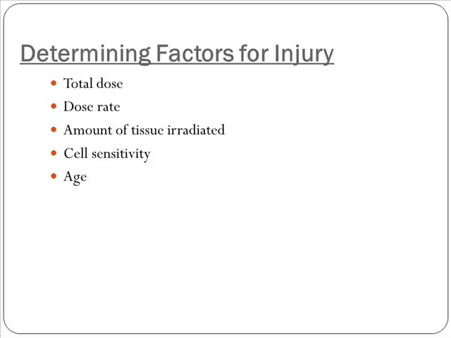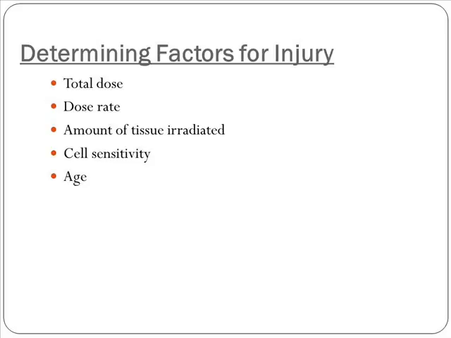The cell sensitivity. What type of cell are we radiating? Different cells have different sensitivity to radiation. Some are radiation sensitive and some are radio resistant. So we'll talk about the difference in those cells here in just a second. And then the age of the cell. The younger the cell, the more sensitive to radiation.